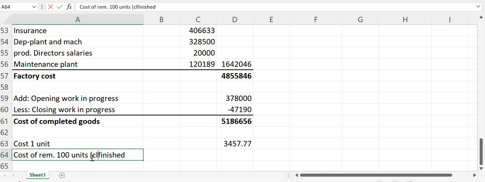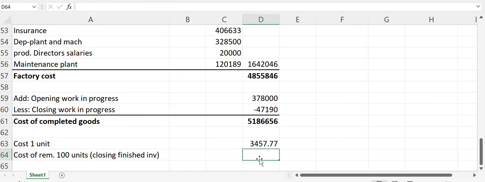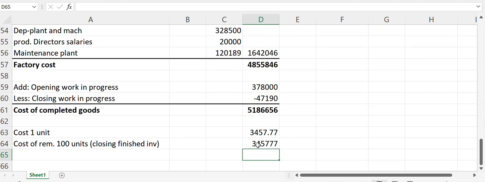You know, we don't have the value for closing inventory of finished goods. So we are going to say it is the 100, we multiply that by this. So this value here is the value for the closing inventory of finished goods.